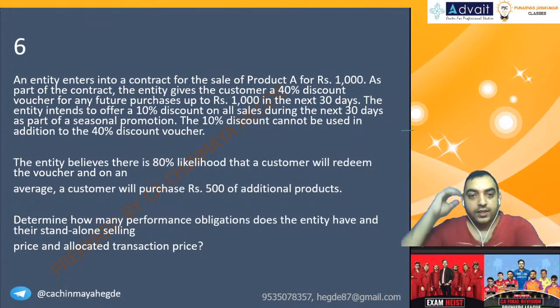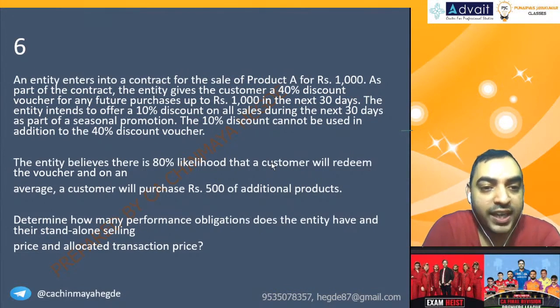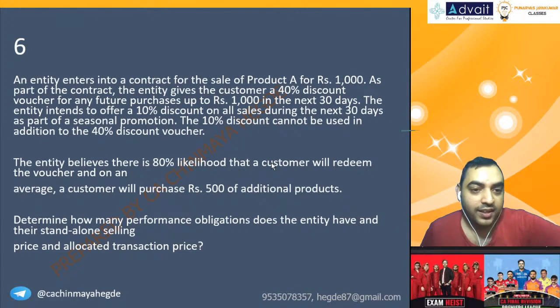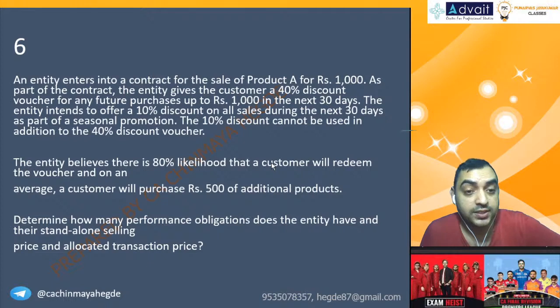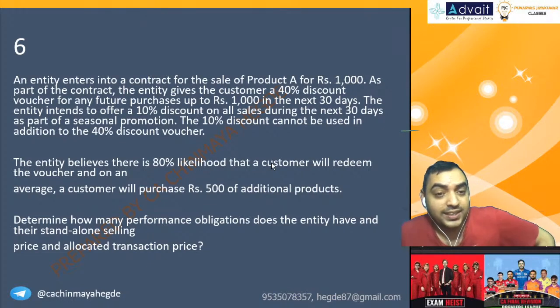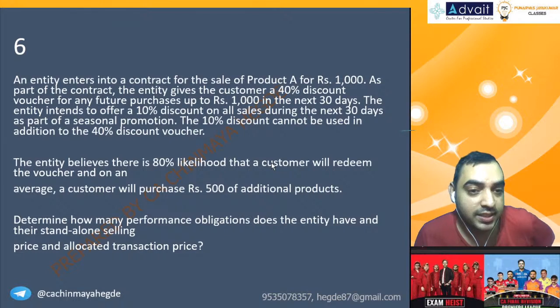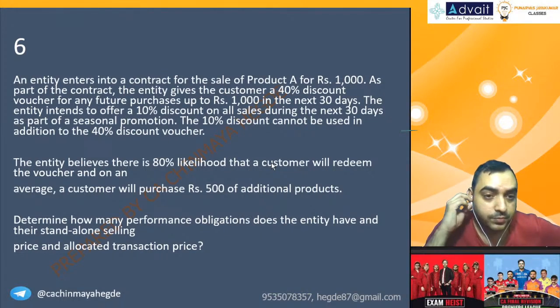Okay. An entity enters into a contract for the sale of product A for rupees 1,000. As part of the contract, the entity gives the customer 40% discount voucher for any future purchases up to 1000 in the next 30 days. The entity intends to offer 10% discount on all the sales during the next 30 days as a part of seasonal promotion.